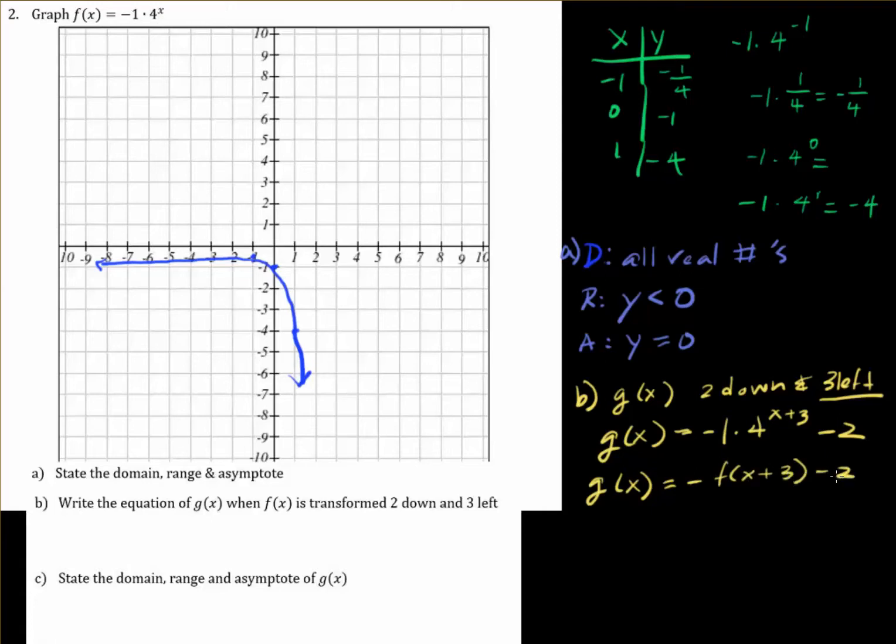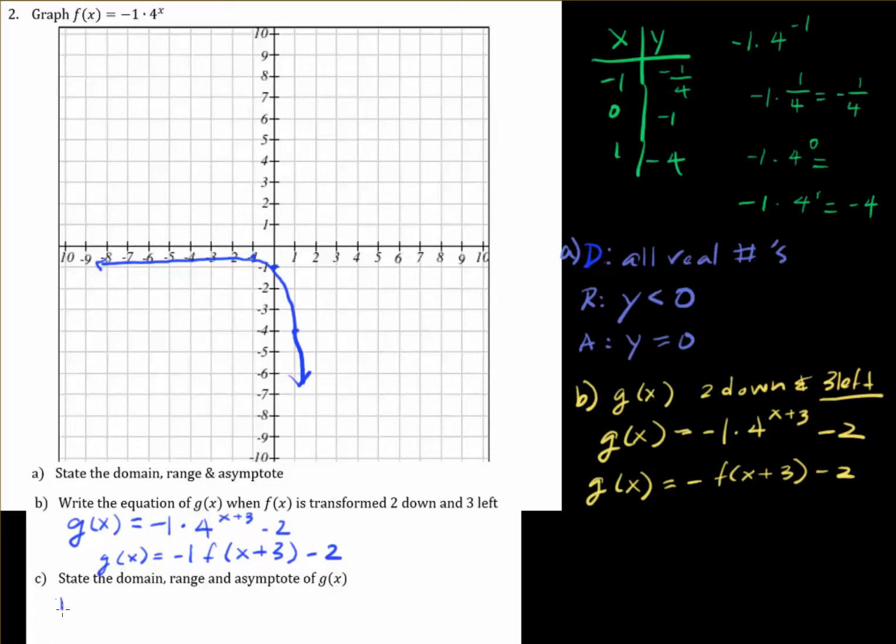Either way, okay? And then state the domain and range. I'm running out of space.